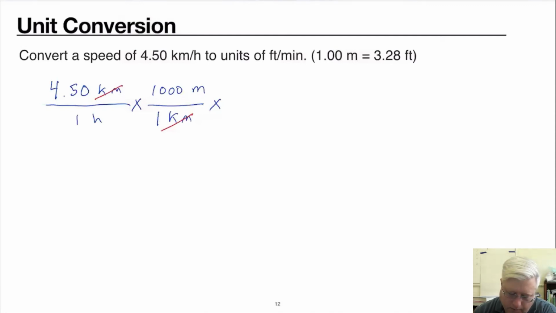We're given that 1 meter is 3.28 feet. You might ask, how do I know whether to put the 1 meter on top or on the bottom? You look at what you're trying to get rid of. You're trying to turn the meters into feet, so you want the meters to cancel. So we put the meters on the bottom so that they cancel, and we're left with 3.28 feet on top.